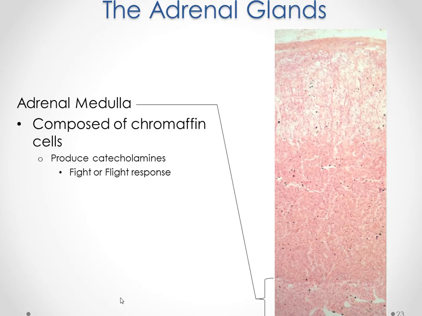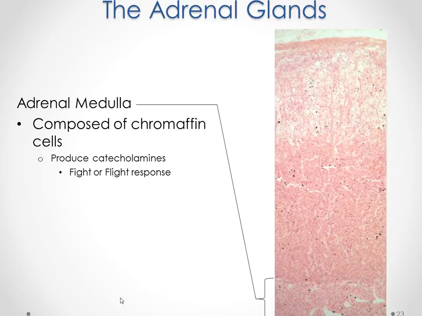Now, the last area in this adrenal gland is the deepest area, which is that adrenal medulla. The adrenal medulla is going to be composed of a specific type of cell called chromaffin cells. And chromaffin cells are going to produce catecholamines. The two types of catecholamines that I want you to know are epinephrine and norepinephrine.